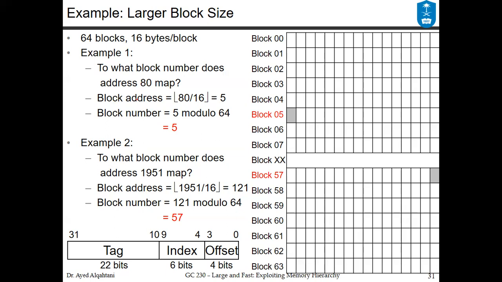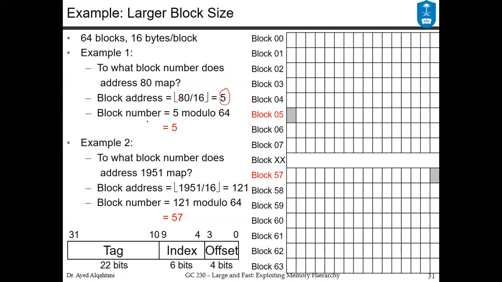So what block number does the 80 map to? You say that the block address is equal to 80 divided by 16, since we have 16 bytes per block. So the block address, if you divide 80 by 16, is equal to 5. So that's the block address.